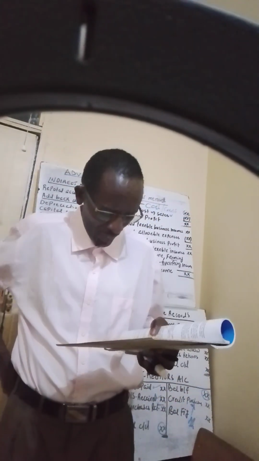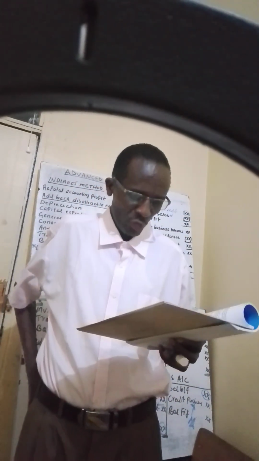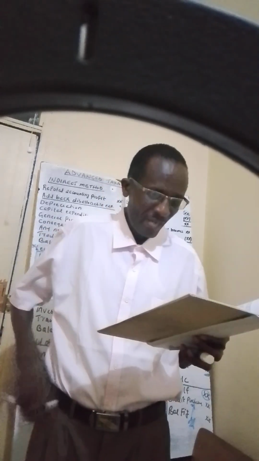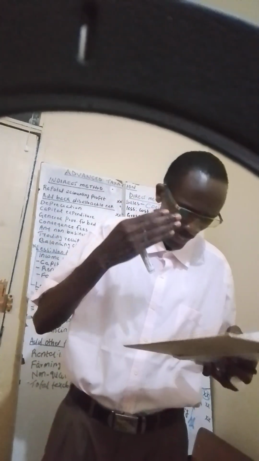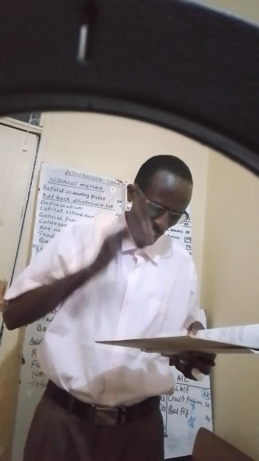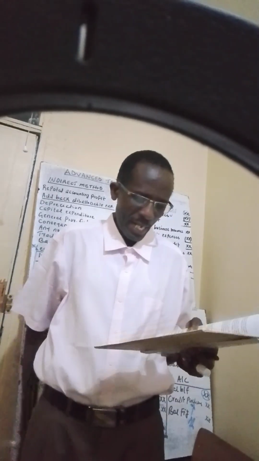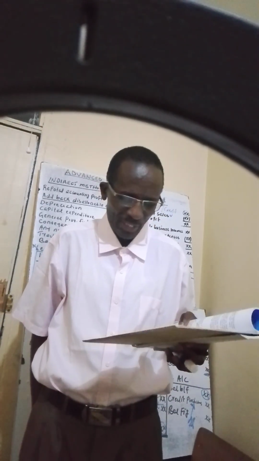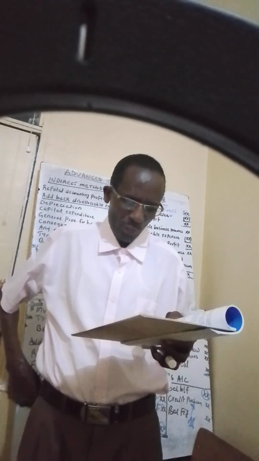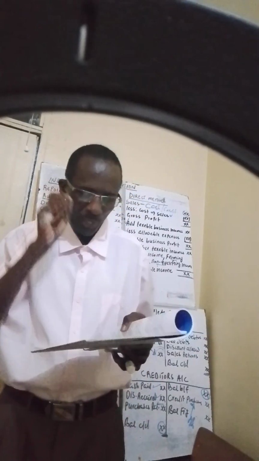Chapter one, I've told you the secret of what is found here in advanced taxation, not advanced financial reporting. Chapter one is partnership taxation of business income and specialized business activities, and you started with a partnership business.